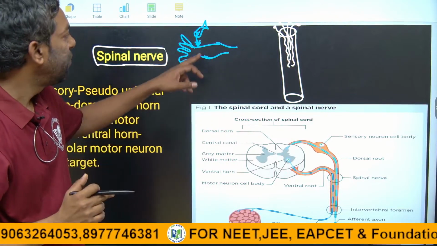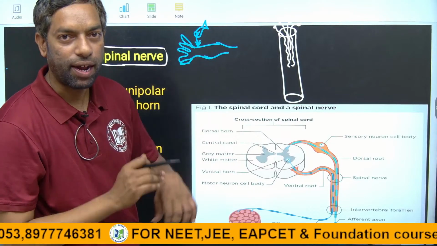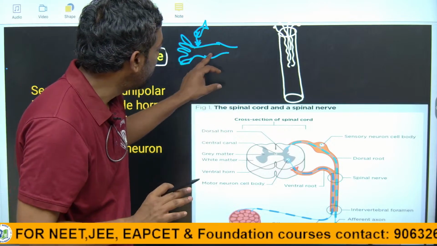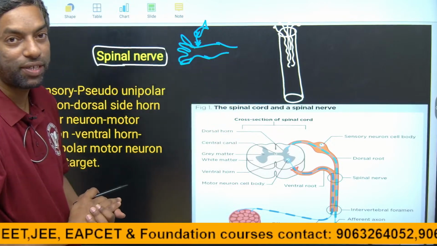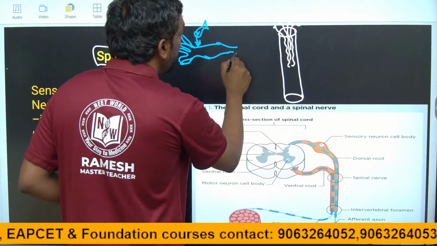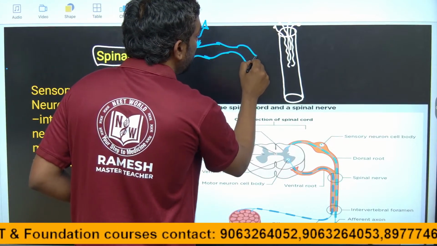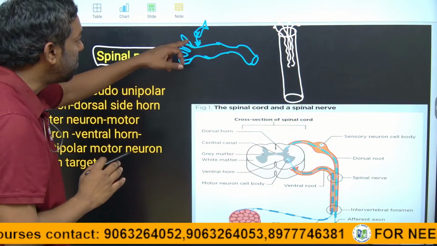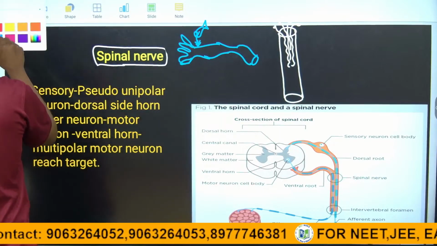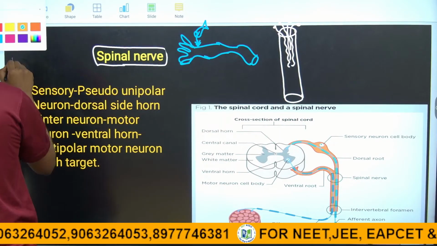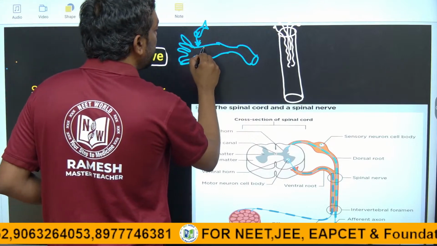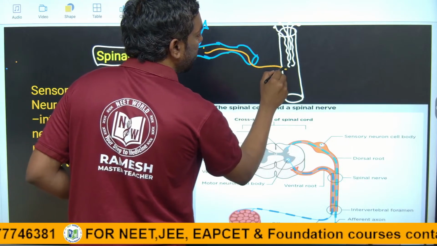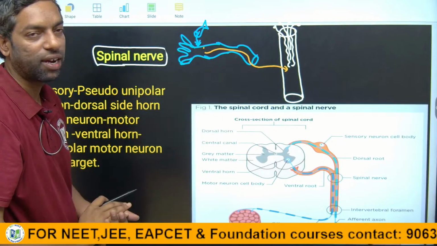Our sense, if the mosquito lands on your hand, who gives the signal to the brain? There are nerves in the peripheral nervous system, the hand is the peripheral nervous system, which is connected to the central nervous system. If the mosquito lands on your hand, what happens? The signals go towards the spinal cord first.